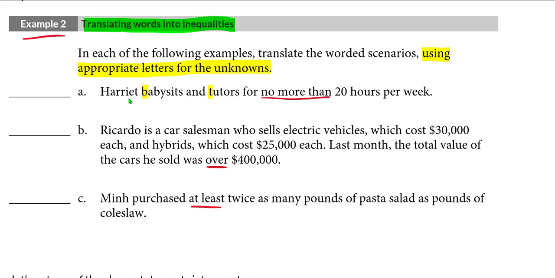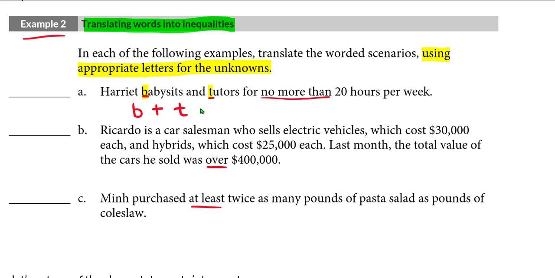So in example 2A, we have Harriet babysitting and tutoring for no more than 20 hours per week. So I'm going to make B her babysitting hours, and I'm going to make T her tutoring hours. The question is telling me that the sum of those must be no more than 20 hours per week.